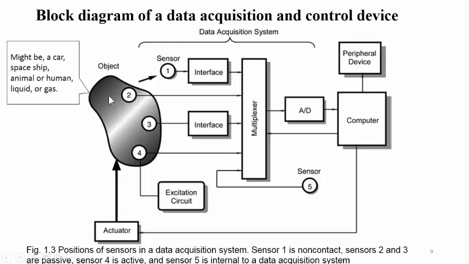In this particular scenario, the object might be a car or any automotive application, a spaceship, an animal or a human being, or an industry related parameter, that is some liquid or gas related parameters.